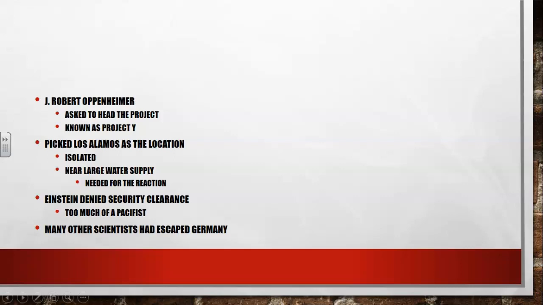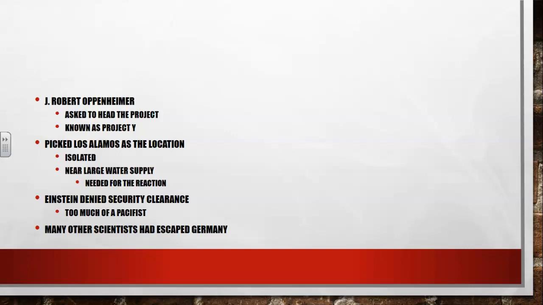It's going to bring us to the name of J. Robert Oppenheimer, one of the most influential men when it comes to the creation of the atomic bomb. He's going to be asked to head the project, and the project is officially known as Project Y. He's going to pick Los Alamos, New Mexico, as the location for this project, for two different reasons. Number one, Los Alamos is isolated.